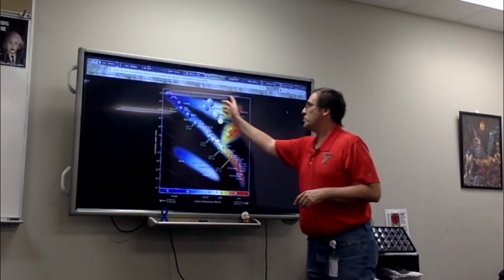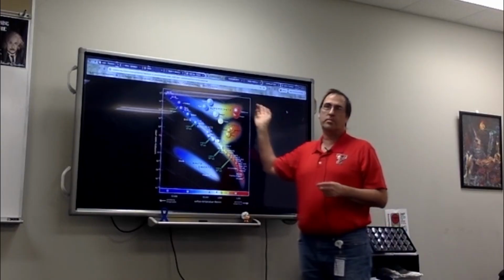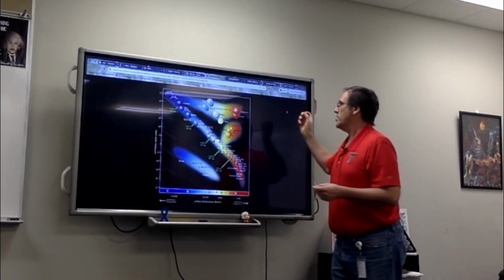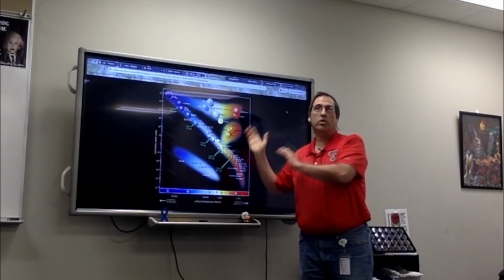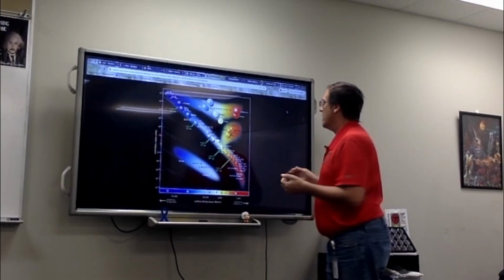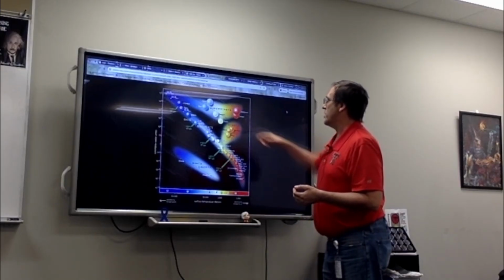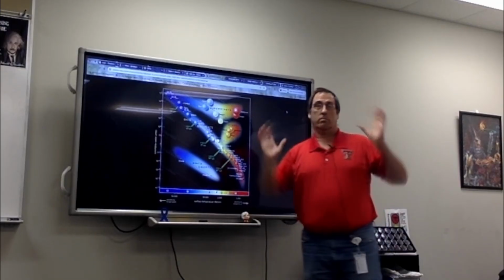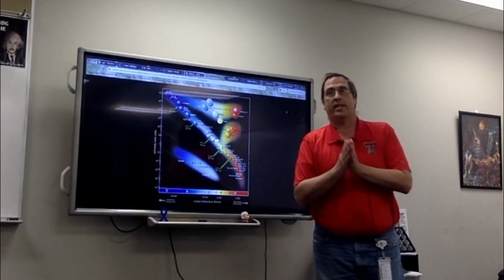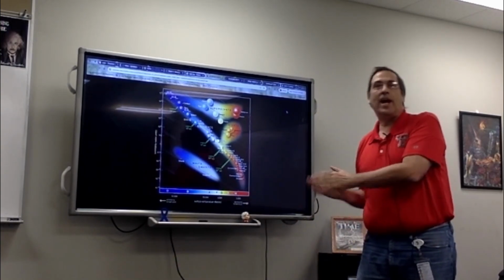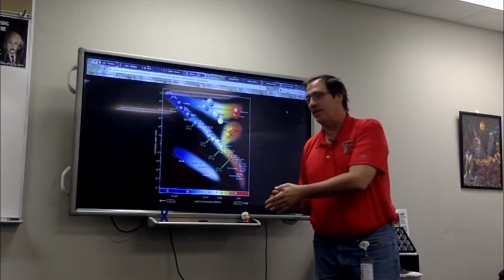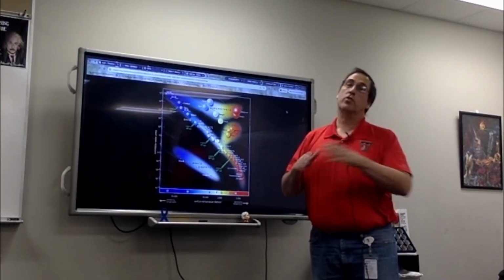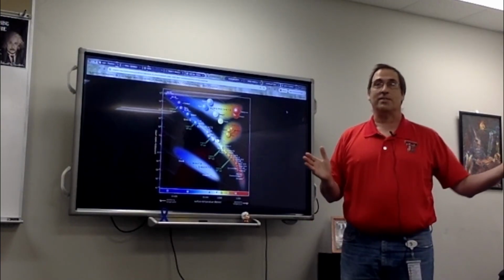Then you have these supergiants up here, sometimes called asymptotic giant branch stars, or AGB stars. All right, this is Betelgeuse and Antares. Betelgeuse is going to die very soon. Now, in astronomy terms, soon could be anywhere in the next million years.